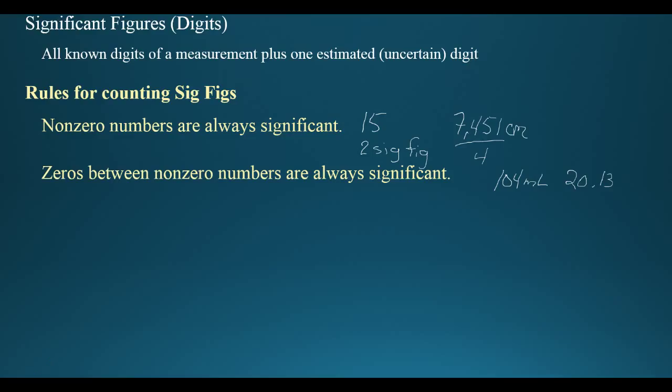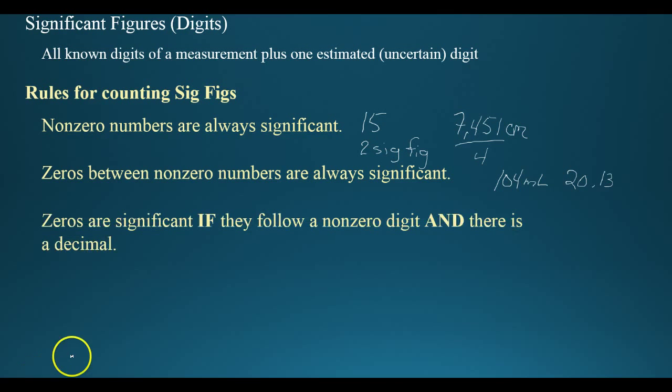Okay, the next rule. Zeros are significant if, and there's 2 parts to this, and the 2 parts have to be true, zeros are significant if they follow a non-zero digit and there is a decimal. Some examples here. We have the number 10. You have the 0 here. Is that 0 significant or not?